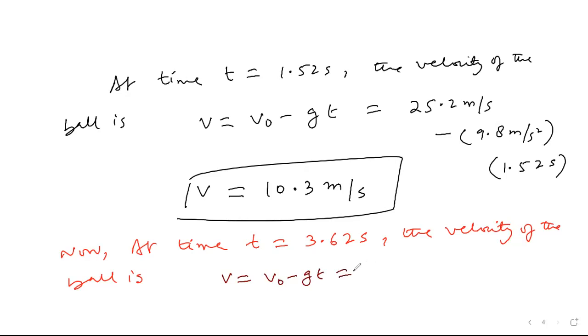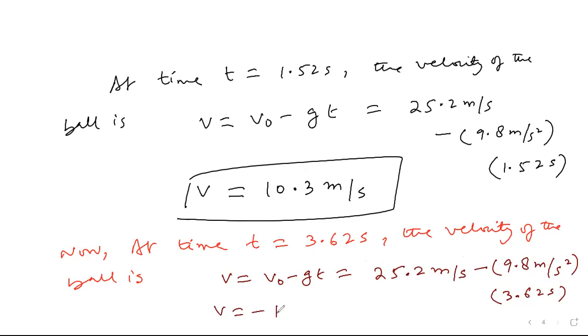V naught is again 25.2 meter per second minus g is 9.8 meter per second square times the time, which is 3.62 second. When we solve this velocity, it is minus 10.3 meter per second. Let me encircle it.